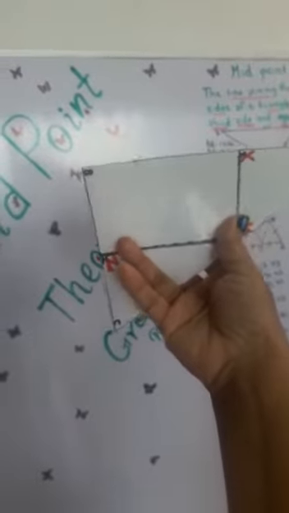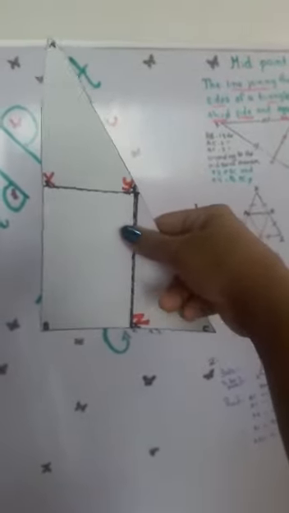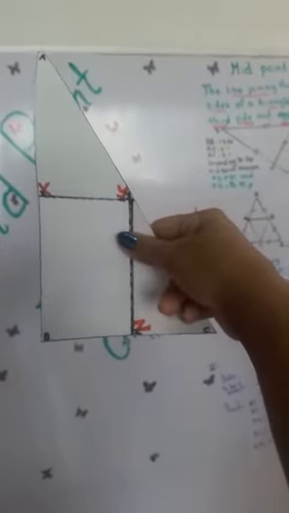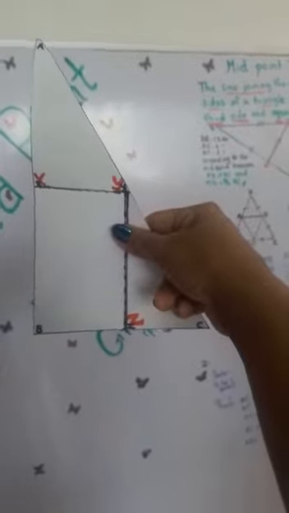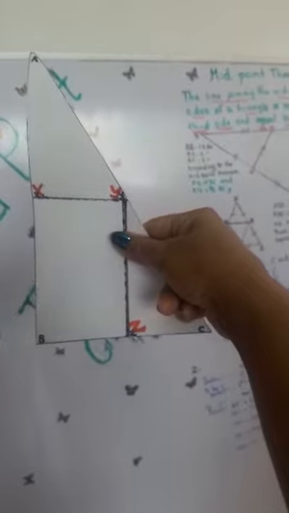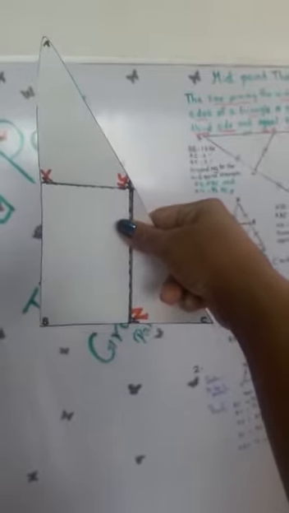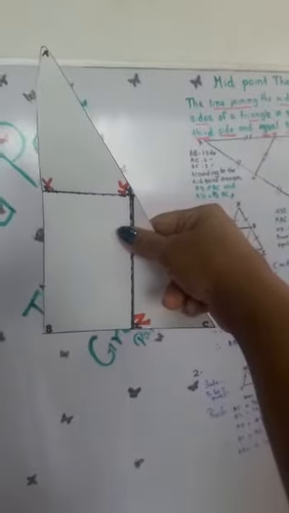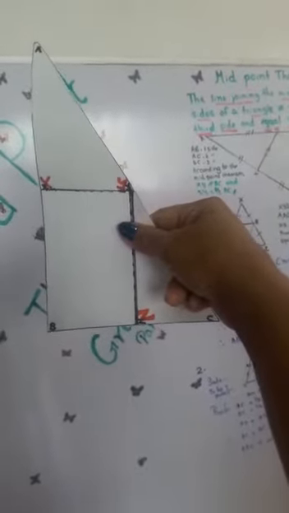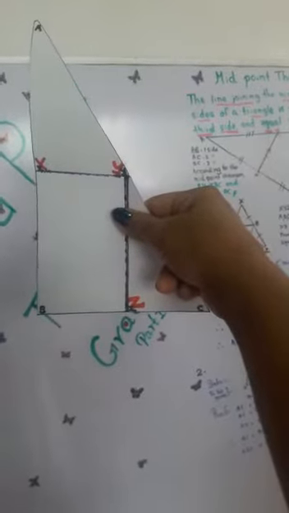Those two lines are parallel to each other. Then we can say another relationship between the XY line segment, the line joining the midpoints of two sides of a triangle, getting parallel to the third side. That means here BC.